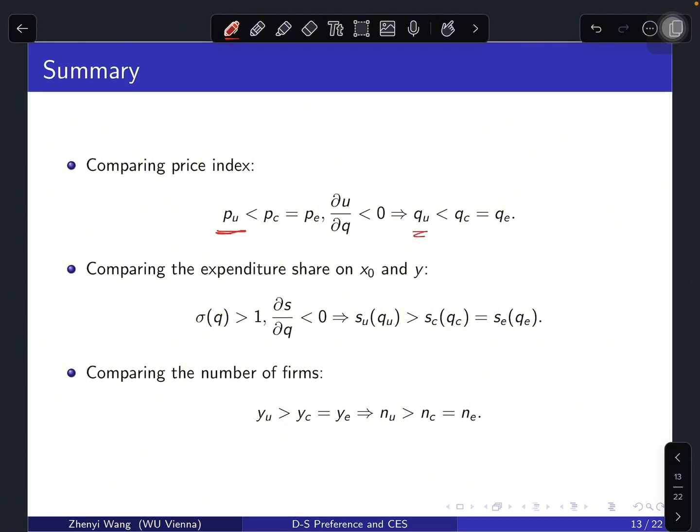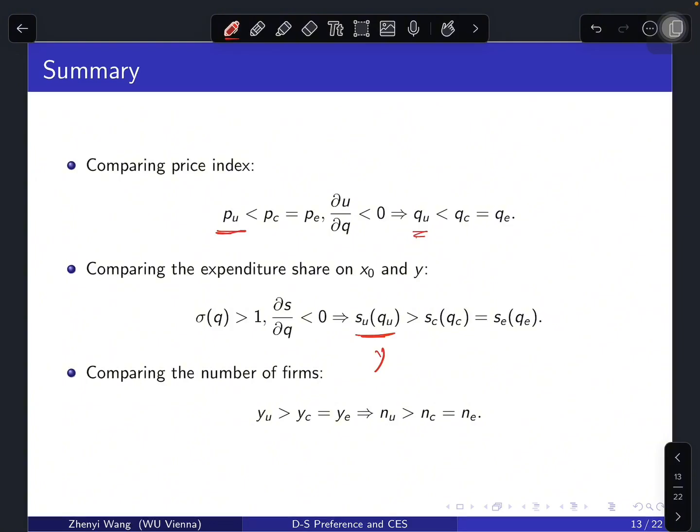So the aggregate price level is also lowest there. And for the expenditure share on X0 and Y, when sigma is greater than 1, a lower price index increases the expenditure share on X0. Because we define SQ as the expenditure share on non-numeraire goods, that is, on Y, we could know that the expenditure share on Y is the greatest under the unconstrained case.